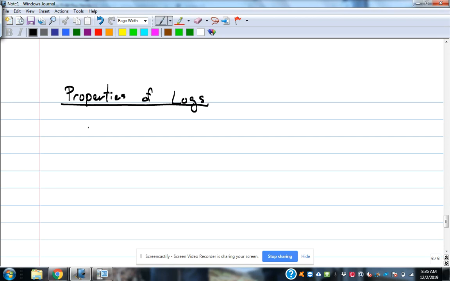Properties of logs. We have what's called the power property. It's not so necessary that you know the name of the property as it is to know how it works. The power property says you can take a log of whatever base, and the thing you're taking the log of has an exponent on it.